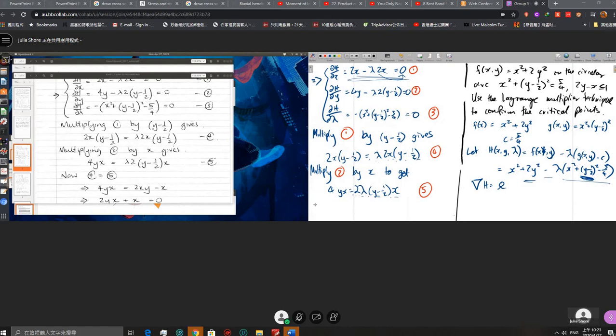So we just say that 4 is equal to 5, so we have 4yx is equal to 2x y minus a half.